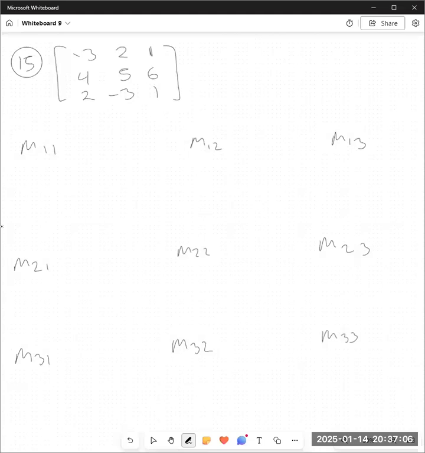So if I eliminate the first row and the first column, what's left? That's going to be 5, 6, -3, 1.